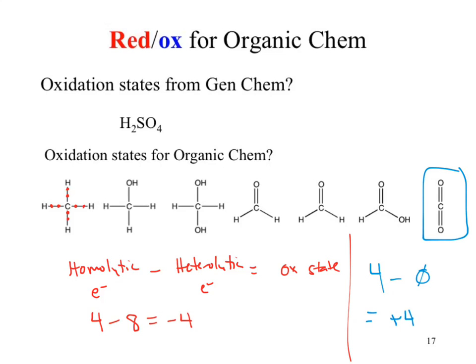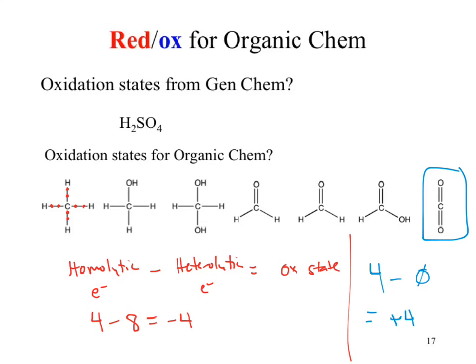So when we look at this spectrum, which number is smallest? -4 or +4? -4. Which number is the most reduced? What's the smallest number? I know, it's definitely a bad English thing, but it's the best thing we can do.